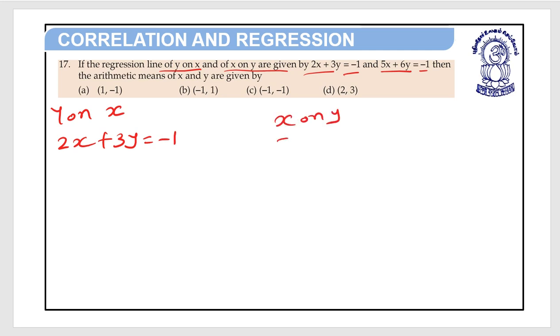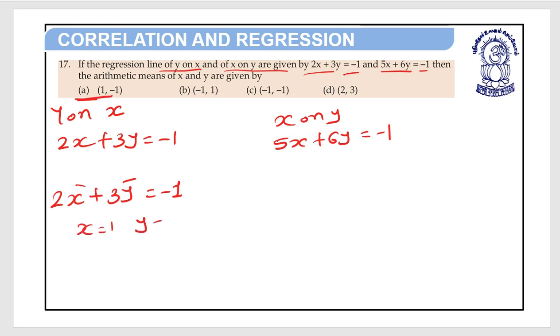X on y equation is 5x plus 6y is equal to minus 1. Now the arithmetic mean, so instead of x write 2 x bar plus 3 y bar is equal to minus 1. Start with option A.